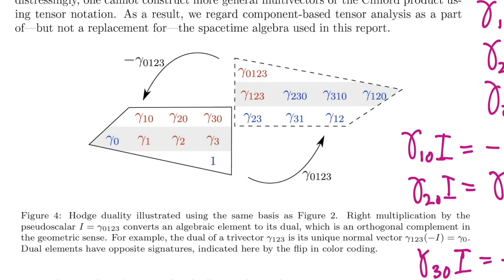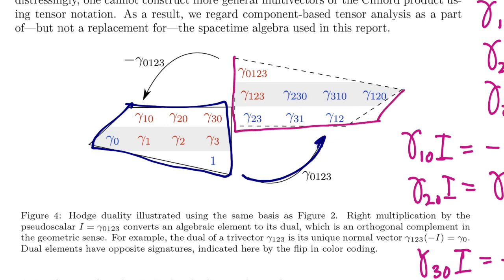But what this picture must be saying is that if you take the segment of the algebra spanned by these basis vectors, the solid basis vectors, the basis vectors surrounded in solid, and you take its Hodge dual, you will land in the subspace spanned by these basis vectors, right?